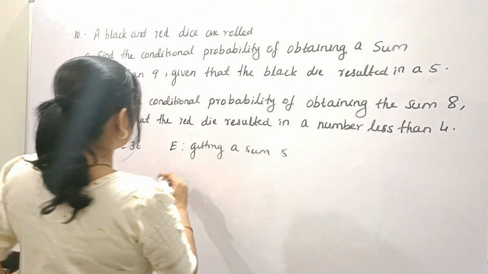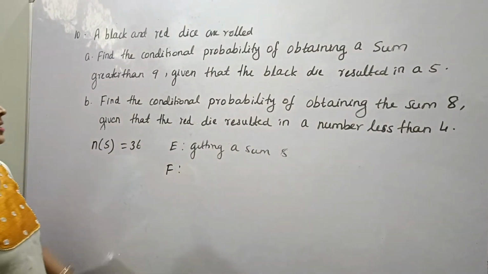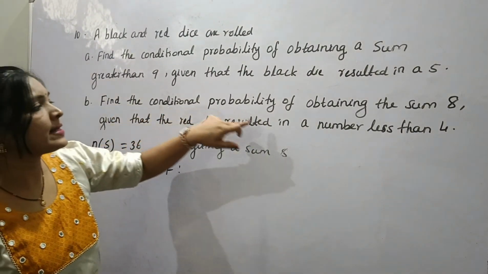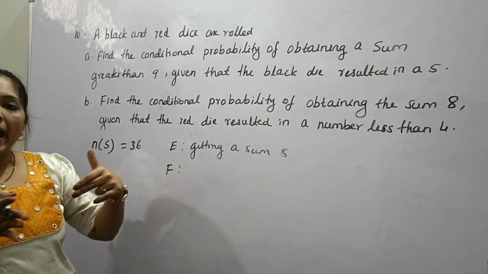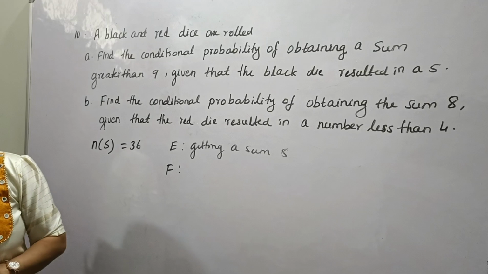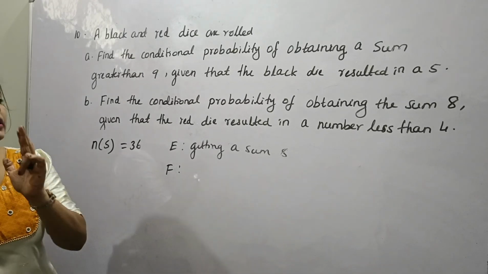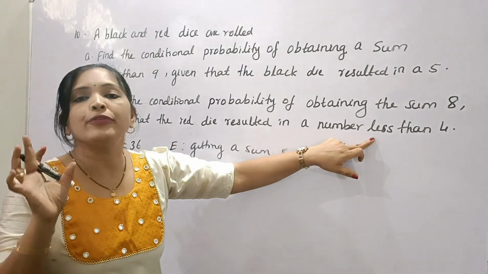Then F is the event given that the red die resulted in a number less than 4. Here we are throwing a black die first and a red die second, right? So the second number should be less than 4.